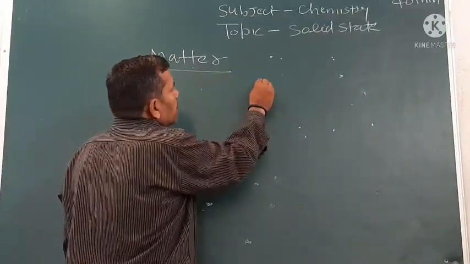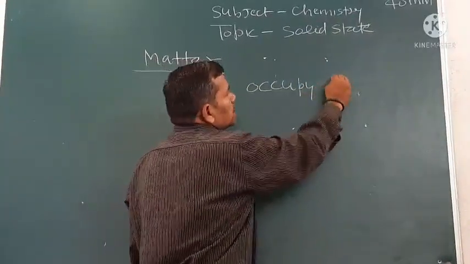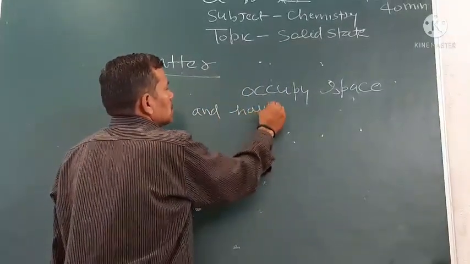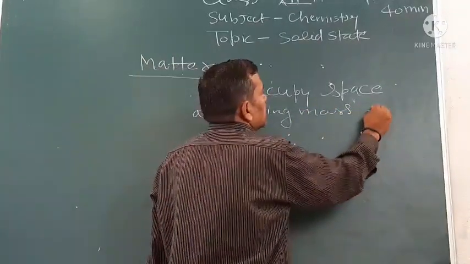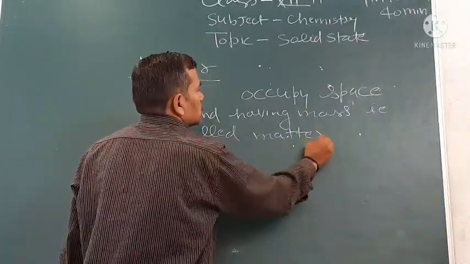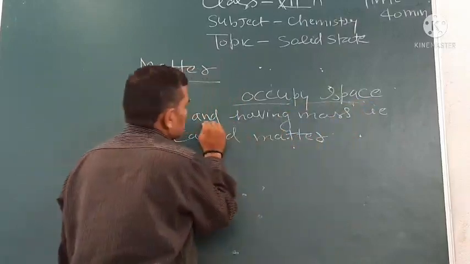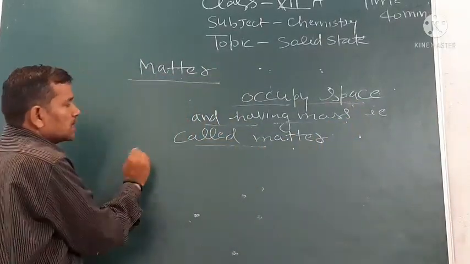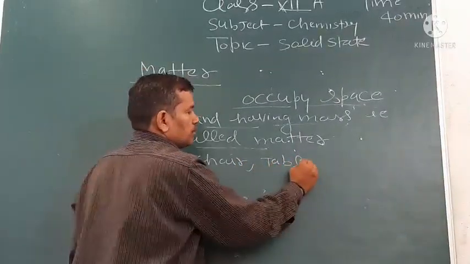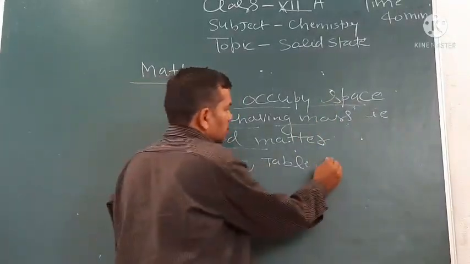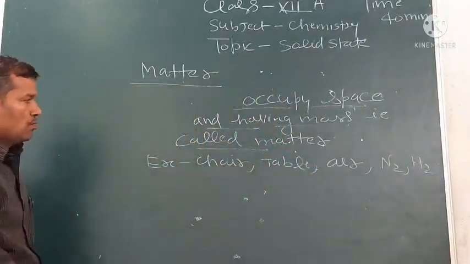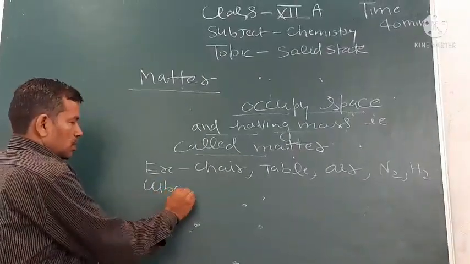Matter means anything that occupies space and has mass. Examples: chair, table, air, N2, H2, cube, etc.